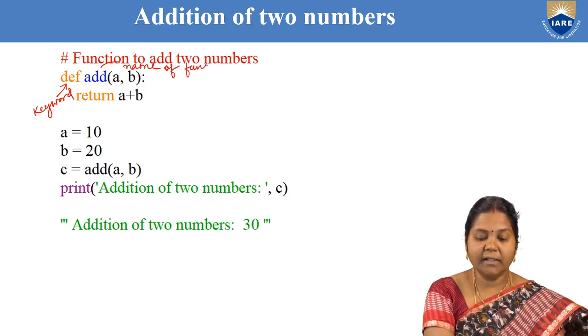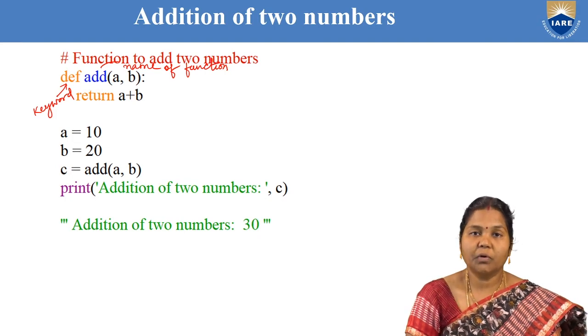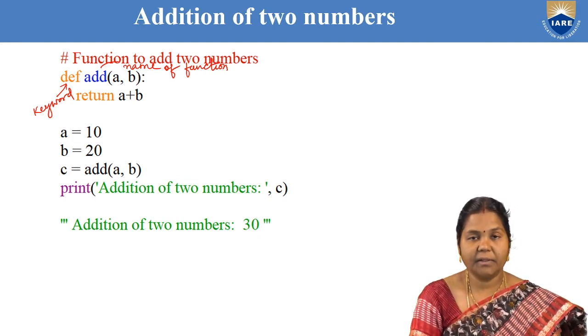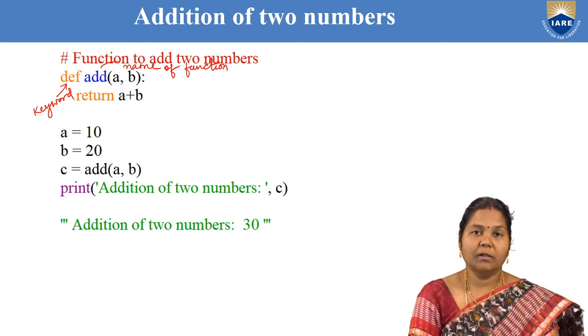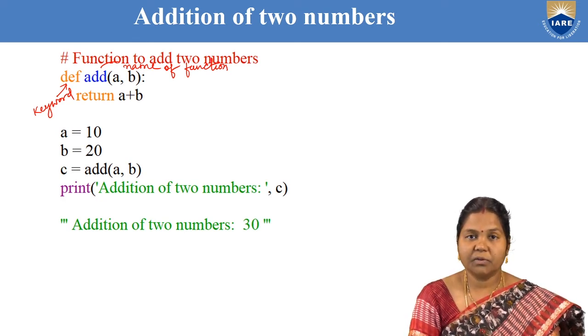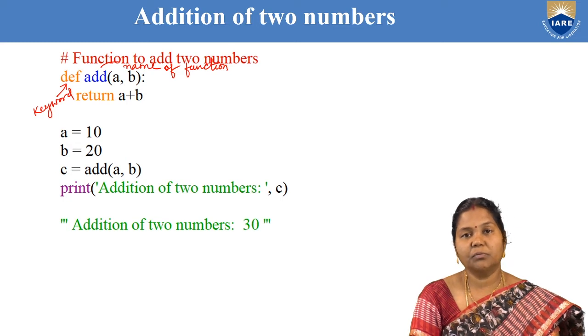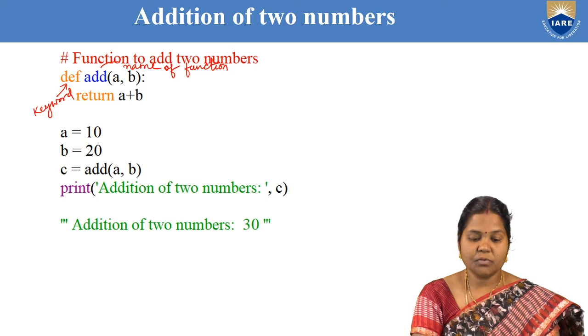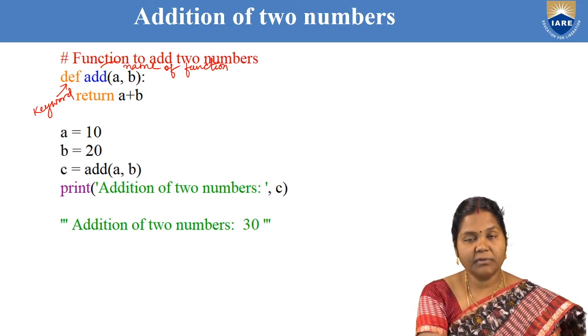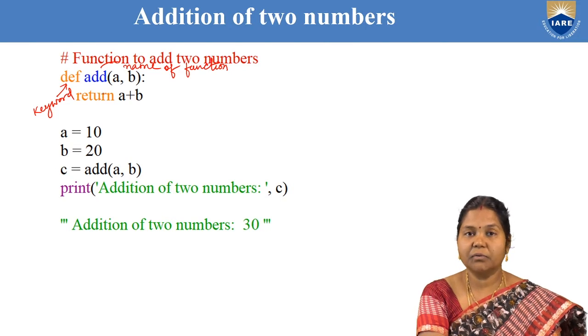Now whenever you write a user defined function, the name of the function should follow the rules of identifier. That means you should not use a keyword or any reserved word. You should follow the rules of identifier and write your own user defined name. Add is not a built-in function name, nor a reserved word or keyword, so add can be used here.